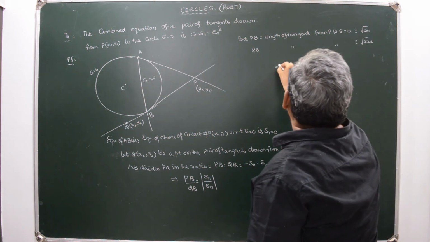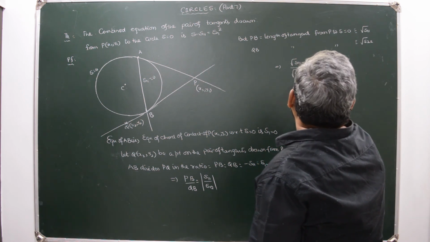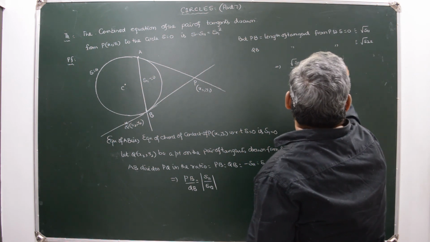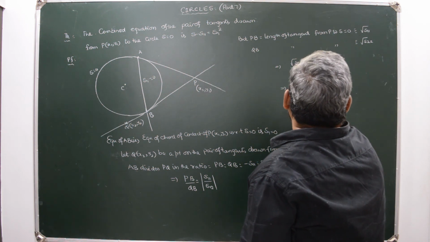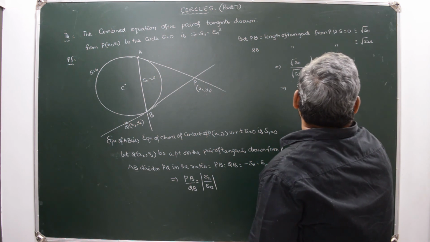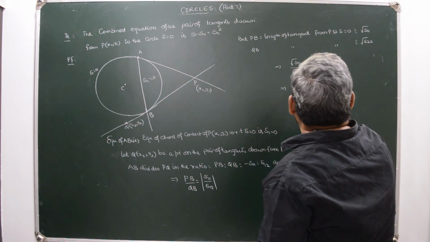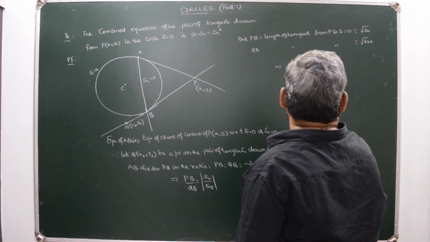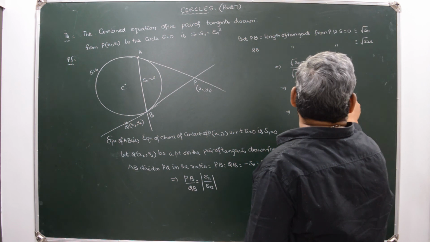It implies root S11 by root S22 is equal to modulus S11 by S12. Now squaring on both sides, S11 by S22 is equal to S11 square by S12 square. So you can cancel this one. So this is S11 into S22 is equal to S12 whole square.